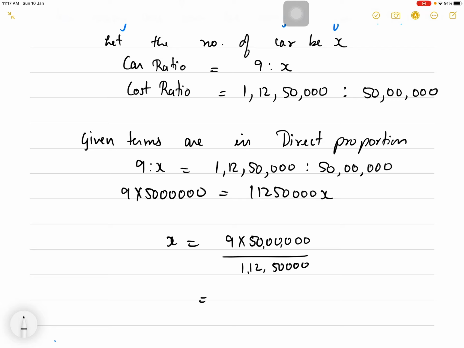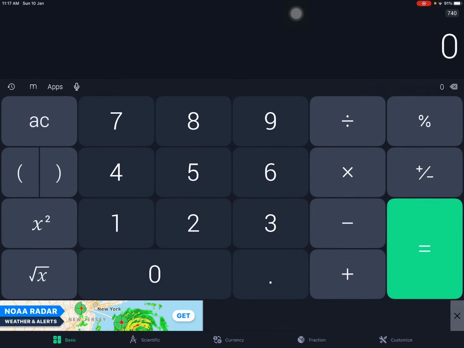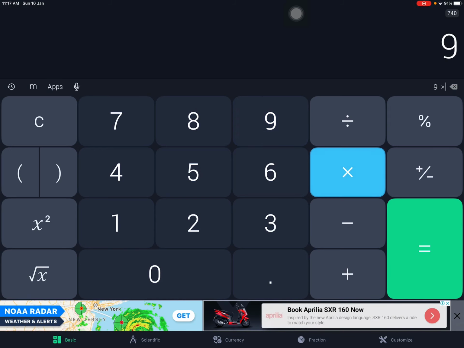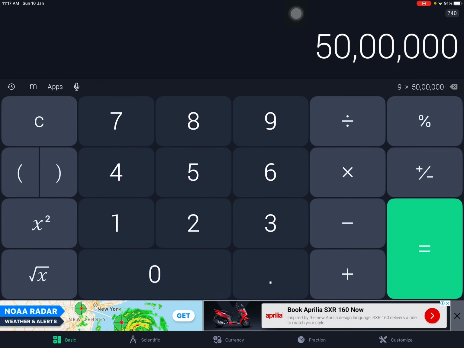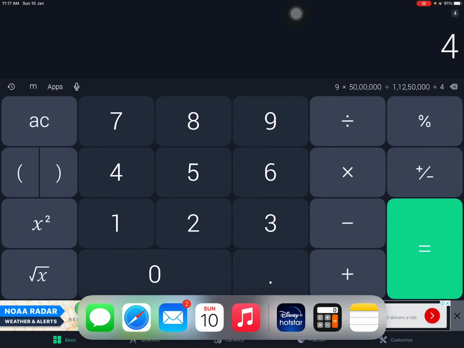Okay, so let's calculate this. 9 into 50 lakh divided by 1 crore 12,50,000, which comes to 4.